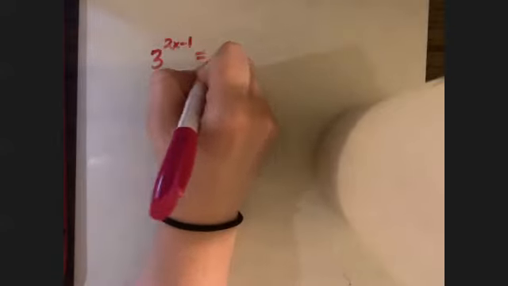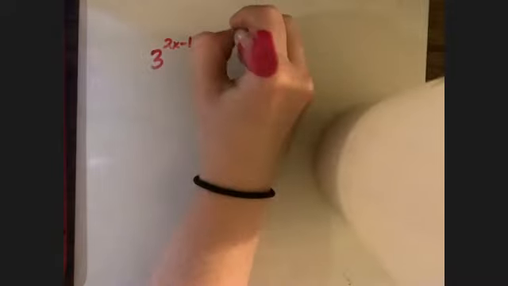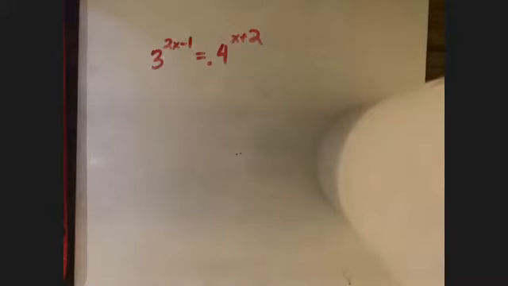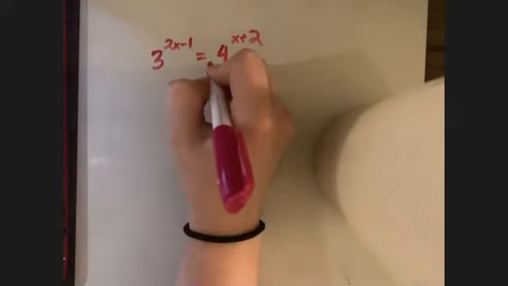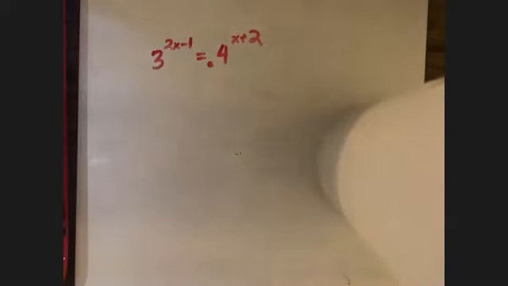Now, let's take a look at one that is a little bit more involved. First off, you can automatically recognize we're not going to get these to the same base. It's not going to happen. The other thing that makes this more challenging than the last one is that there are x's in both exponents.